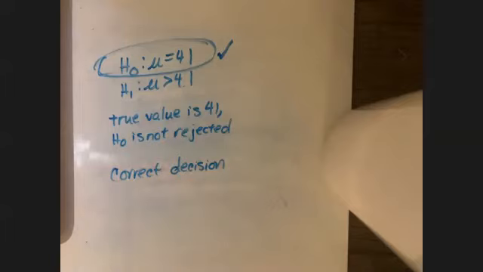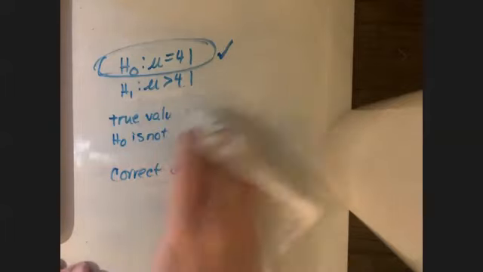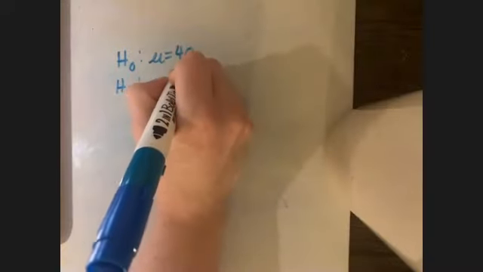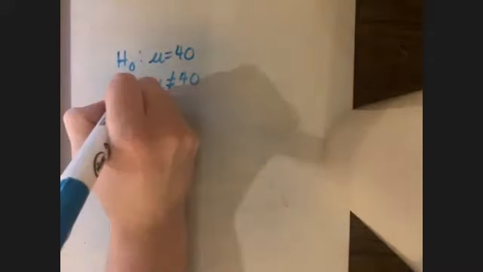Now they're wanting us to do H naught: mu is 40. The alternative is that mu is not 40. Sorry, that should be H1. Now here's what they tell us. The true value is 40.